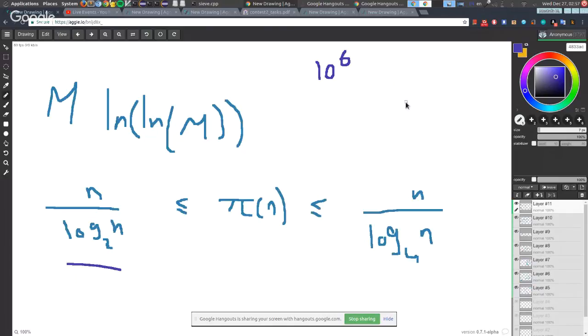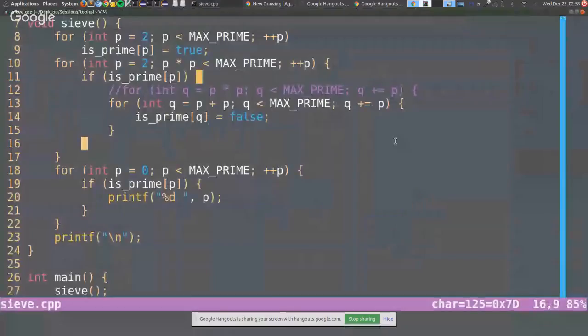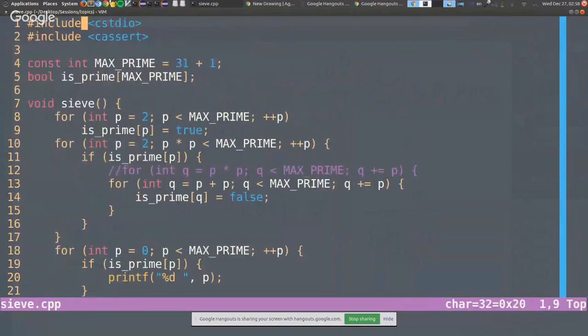So it would be 10 to the 6, and here 10 to the 6 is kind of close to 2 to the power 20, so it would be something like that. So this would be near 50,000. A bit more, a bit less.